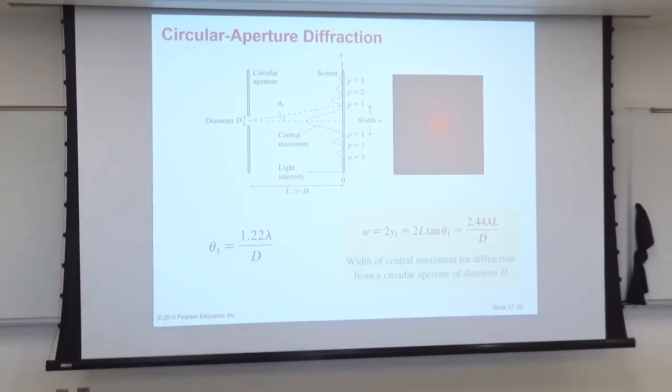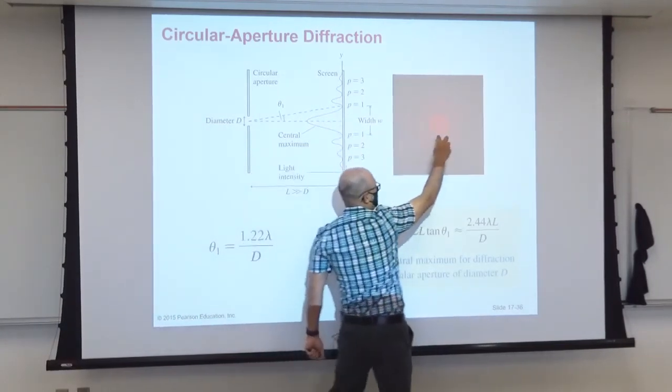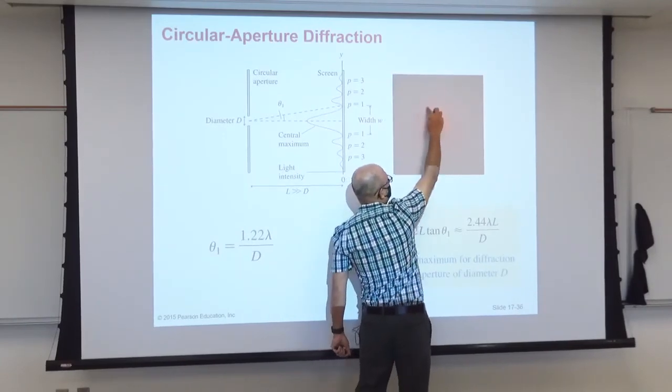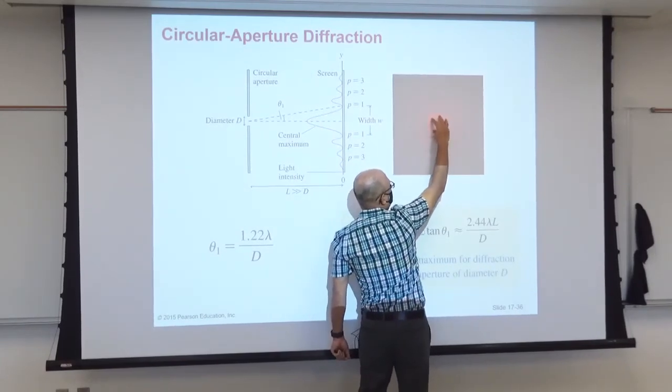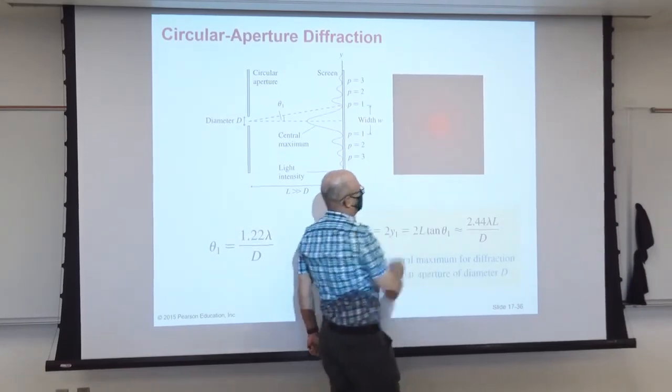If you pass light through that, instead of getting a central spot, you get this concentric circular pattern. So you have this central bright spot here, and then dark, bright, dark, like that.